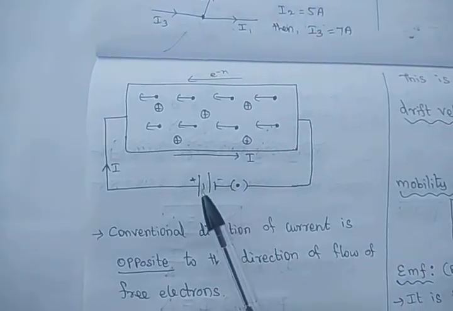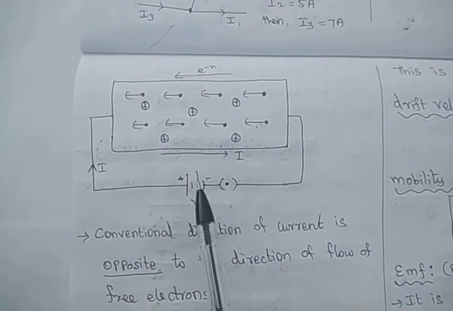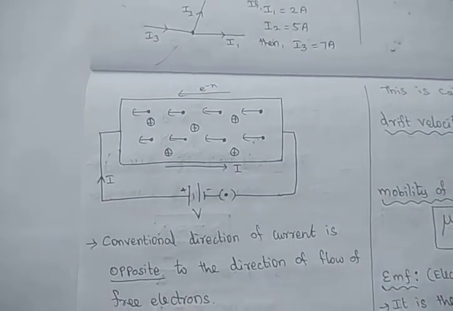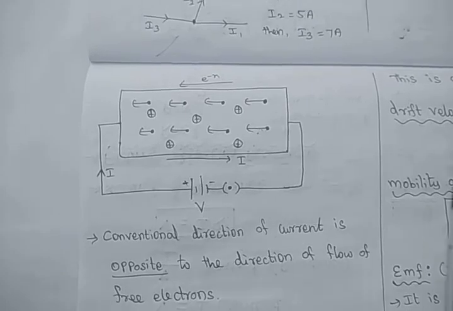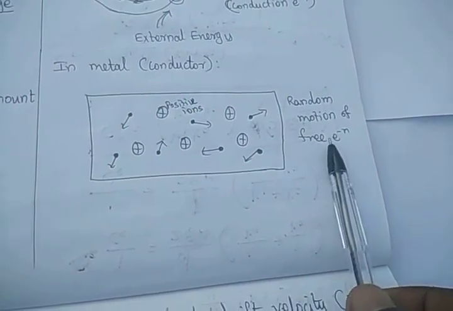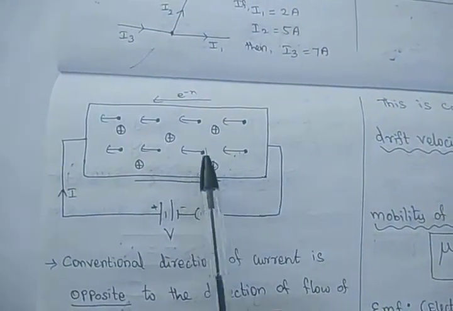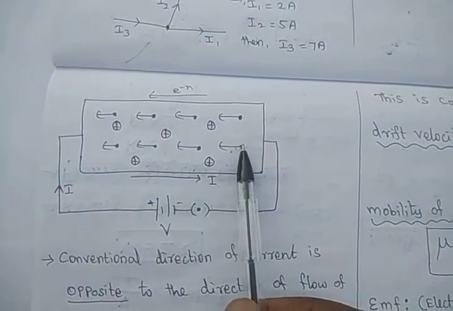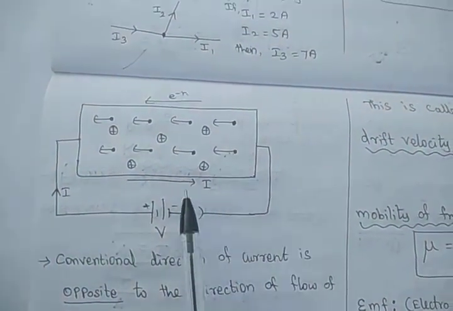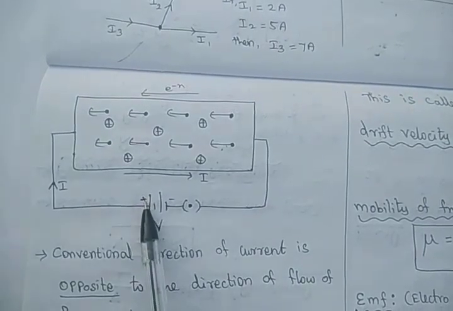If you connect a battery across the conductor, that means if you supply a potential difference to this metal, what will happen? The random motion of the free electrons drifts towards one particular direction. Which direction? Evidently, the electron is a negative charge and this is the positive terminal of the battery. The positive terminal provides an attractive force towards the negative free electrons. So all the free electrons change their direction. That is called drifting. All the electrons drift towards the positive terminal of the battery.